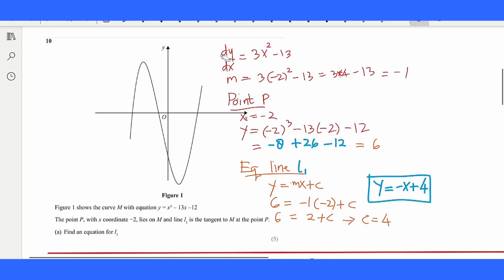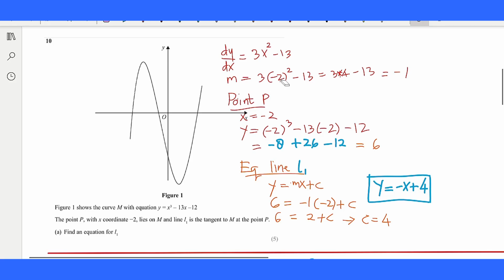So x cubed becomes 3x squared, minus 13x becomes minus 13, and -12 becomes 0. That is the gradient function of the tangent.